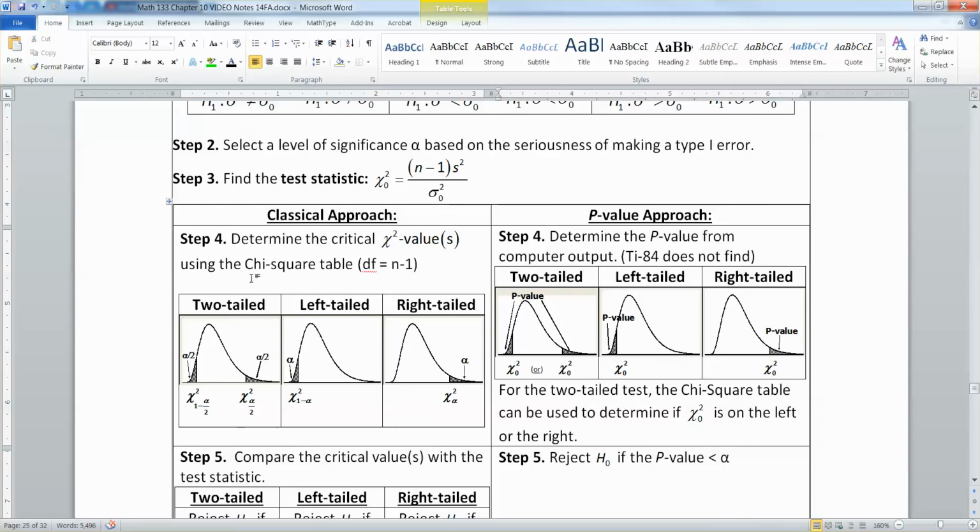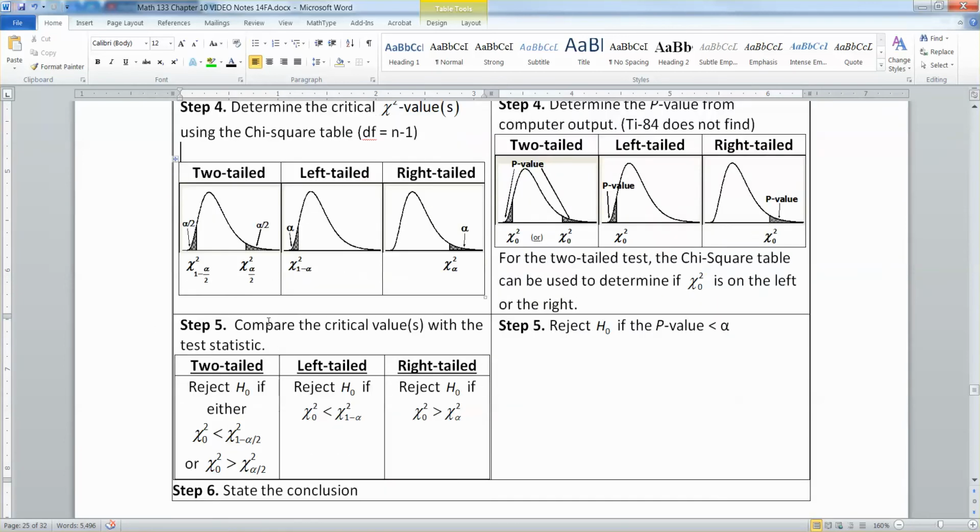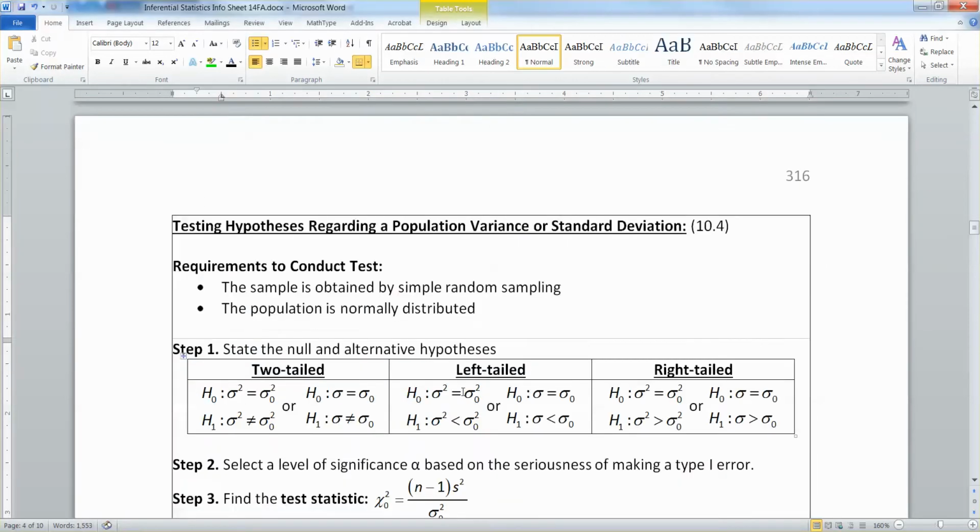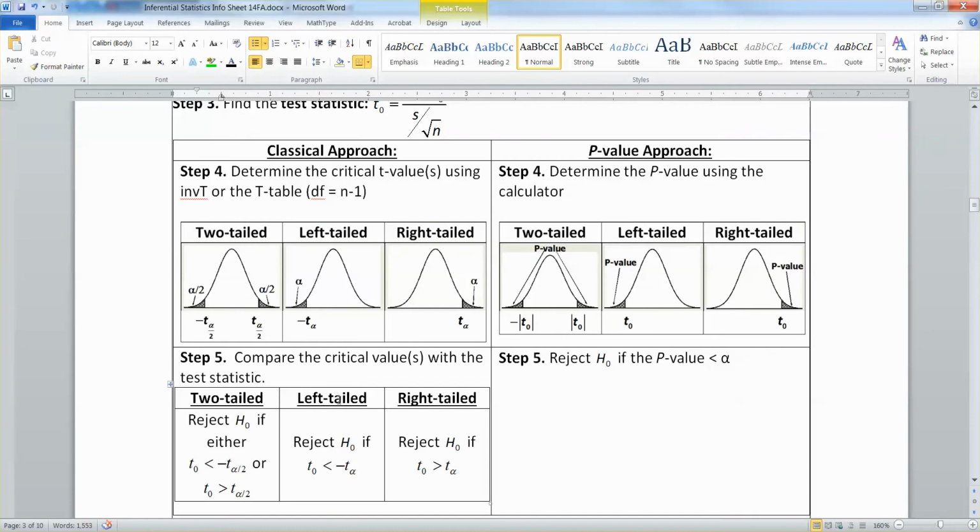And then if you're doing the classical approach, which will be pretty standard for us if we're doing it by hand, because we don't have the calculator option available to us, then it's one of these three graphs. Then you'll compare your critical values just like in the other ones, but now you're comparing them to chi-square values instead of t's or z's. Remember that the test for the mean involved t values.